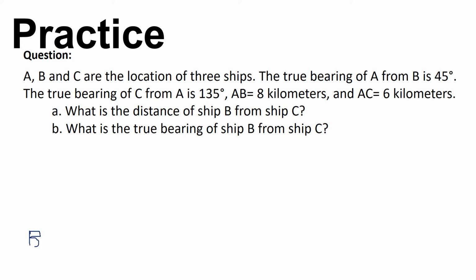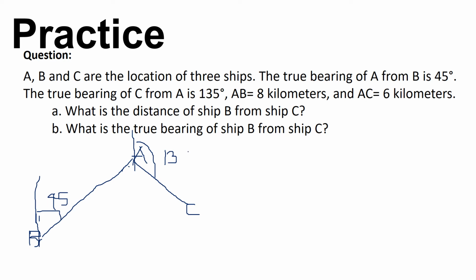This is ship B, this is ship A, and this is ship C. We know that from B to A, the bearing of A from B is 45, and the bearing from A to C is 135.